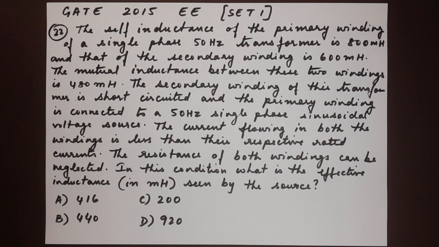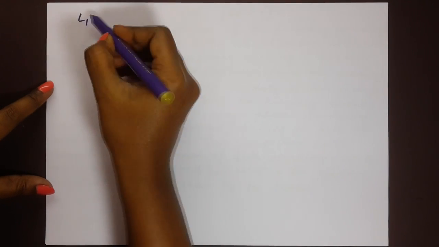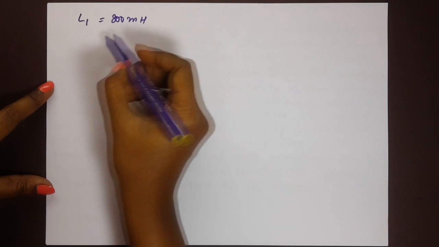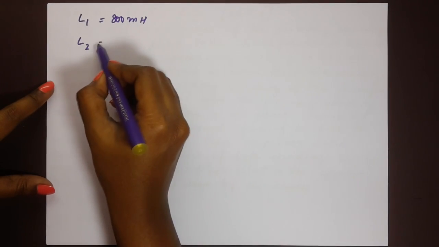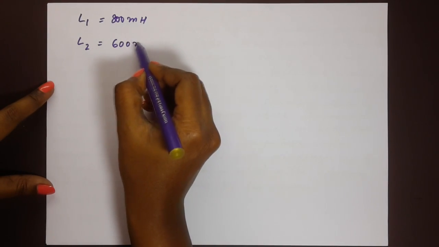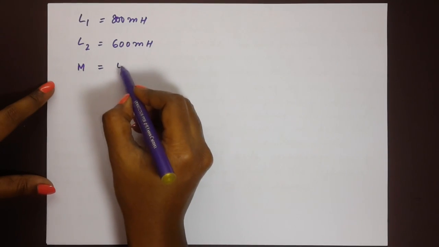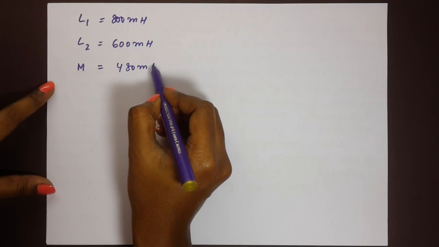So let's begin by writing down what's given to us along with a circuit diagram that describes the situation here. So we have inductance L1 as 800 millihenry. We have inductance L2 given to us as 600 millihenry and the mutual inductance M is 480 millihenry.